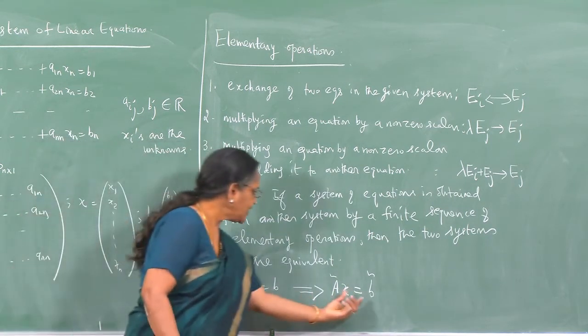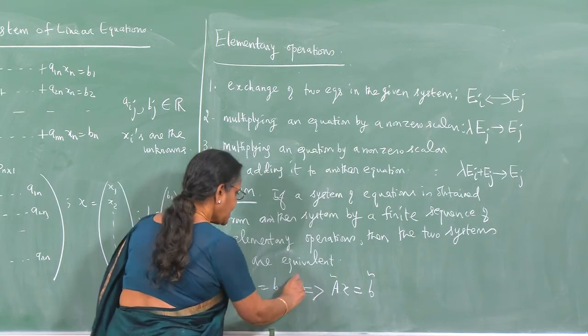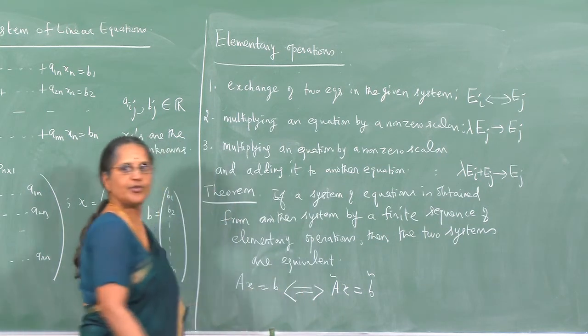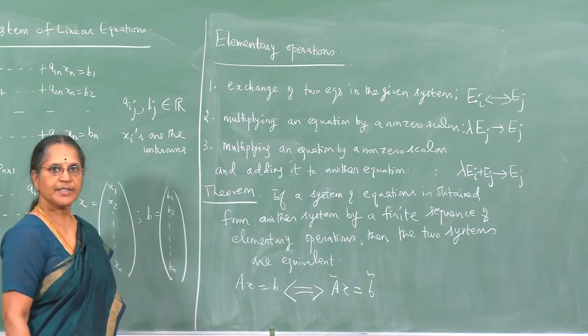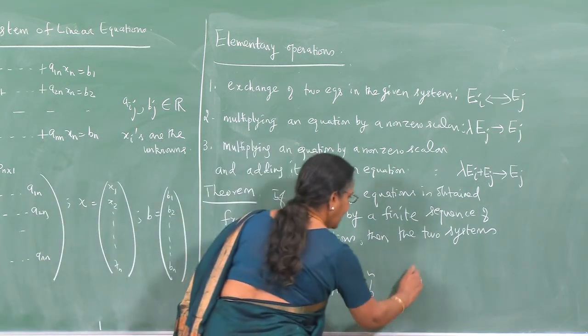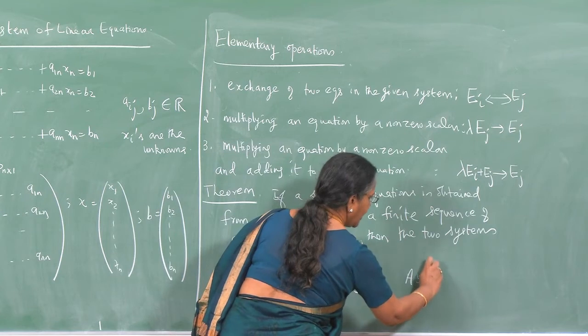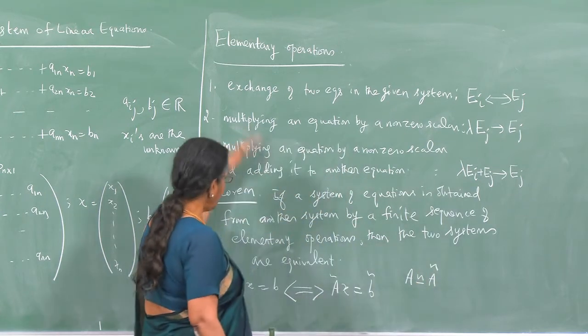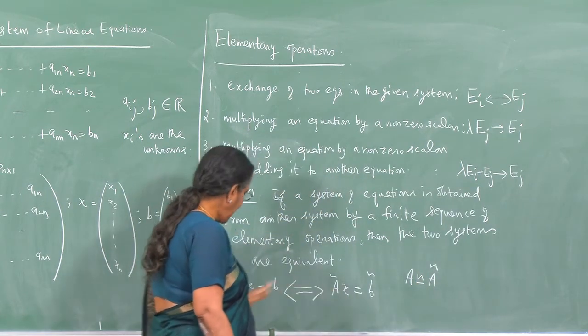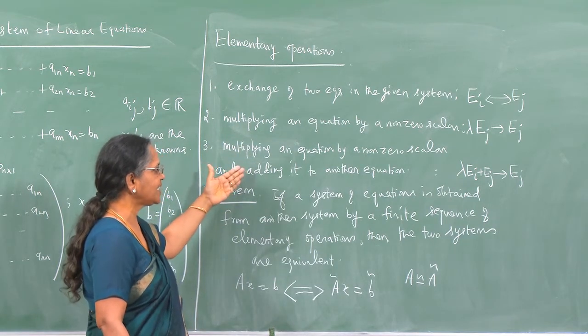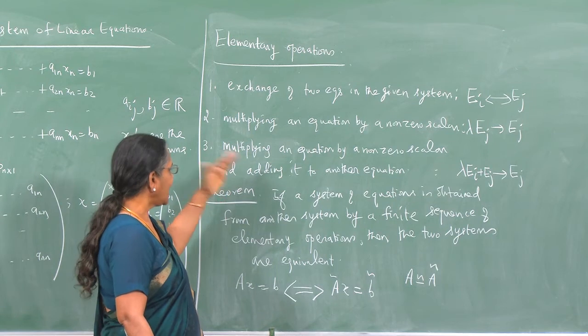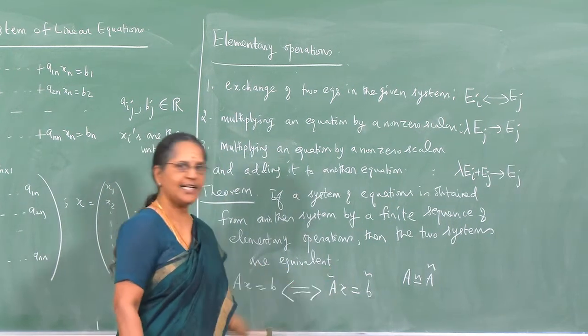So, this new system and the old system are equivalent to each other. That is what the theorem says. And we write A is equivalent to A tilde when elementary operations are applied to A, and we have a finite sequence of elementary operations that has converted A to A tilde.